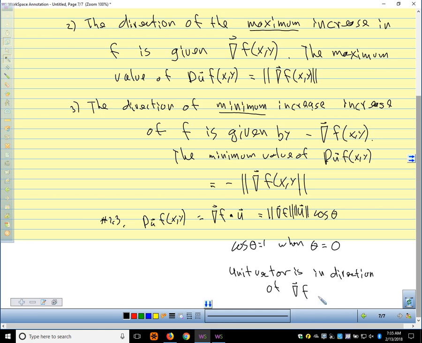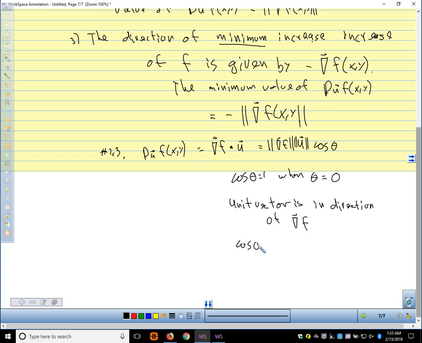So that's when we get our maximum value of our directional derivative, when we're moving in the direction of del f. And the minimum value of cosine theta? -1, when theta equals pi.